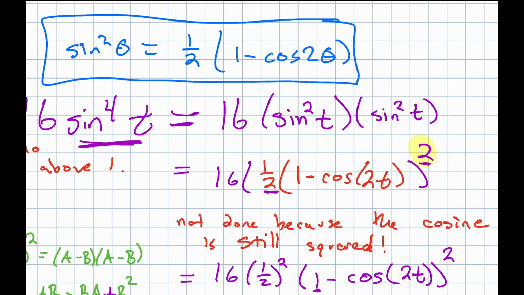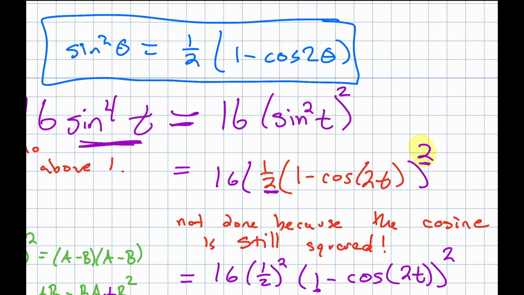So 2 plus 2 is 4, right? You have to do that first because you have to be able to see the sine squared in order to use the formula for sine squared. Now, having done that, we just want to use the formula that we used before.